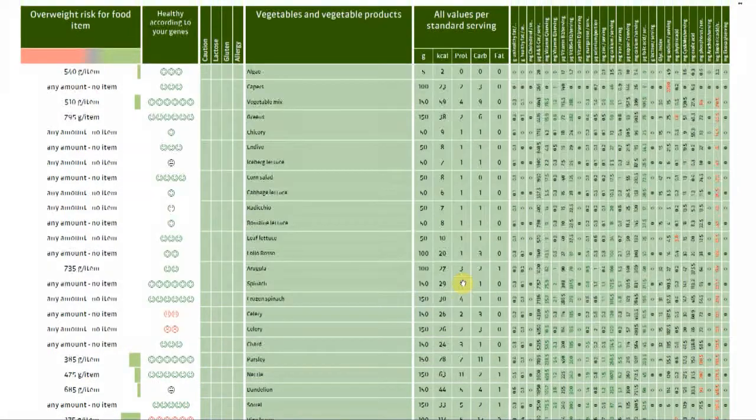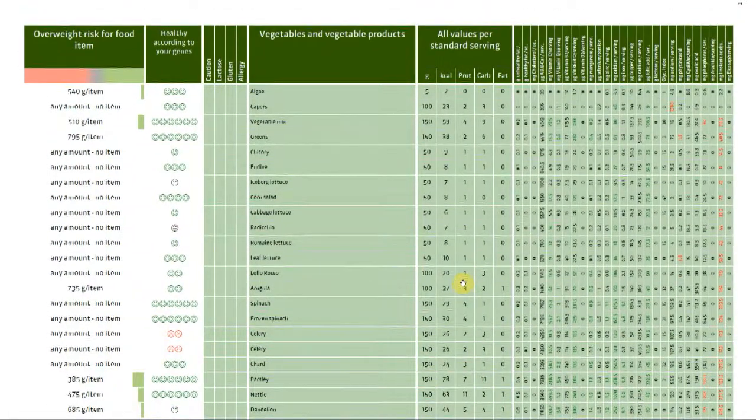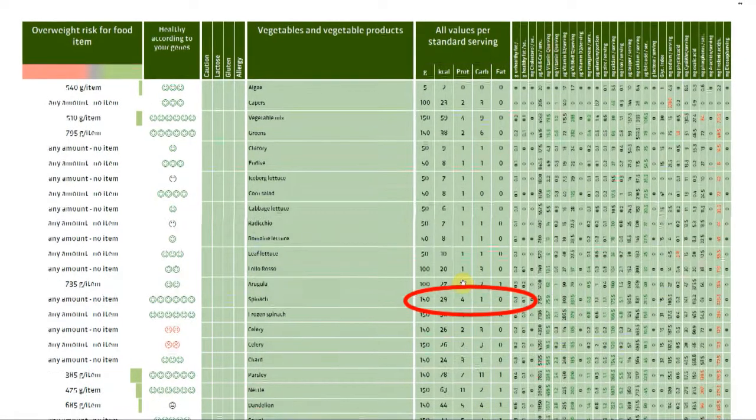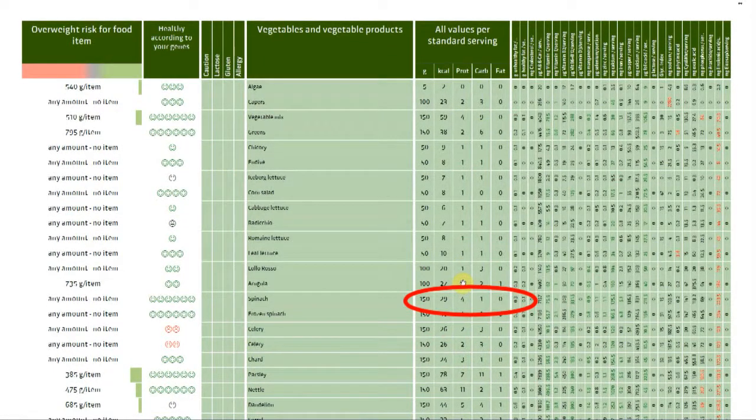Now this here shows you the main calorie containing substances. So for example, going for spinach. Generally a portion of spinach is 150 grams. And 150 grams of spinach contain 29 kilocalories. A very, very low amount.